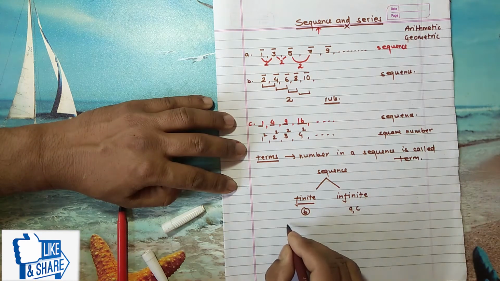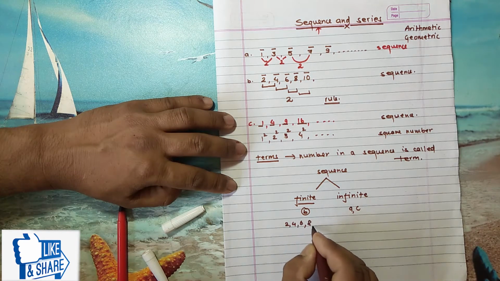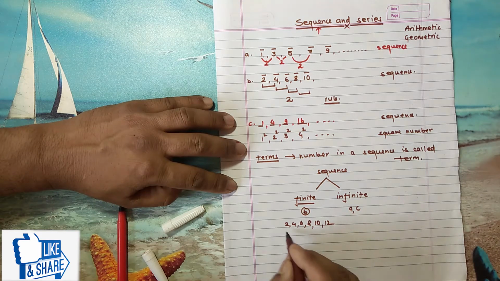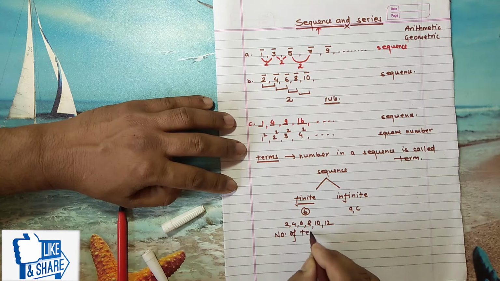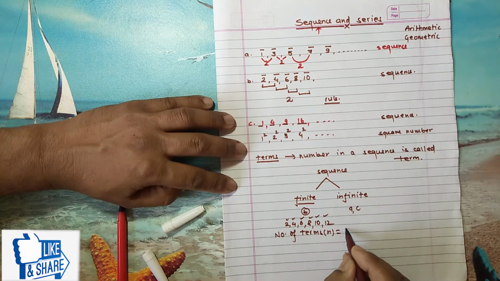Let's take one example. 2, 4, 6, 8, 10, 12 is a finite sequence because here the number of terms n equals 1, 2, 3, 4, 5, 6, means we have 6 terms.